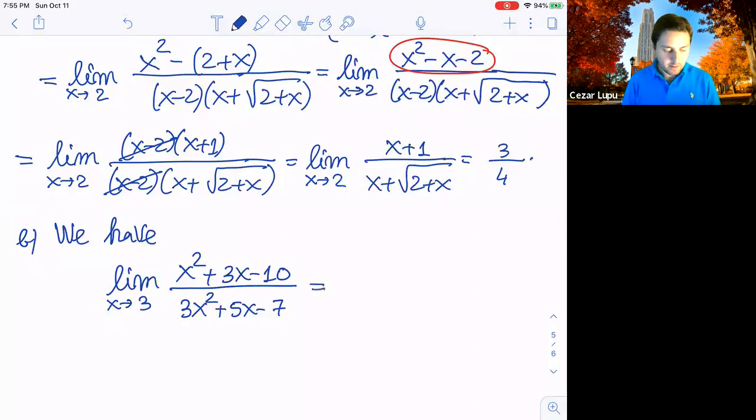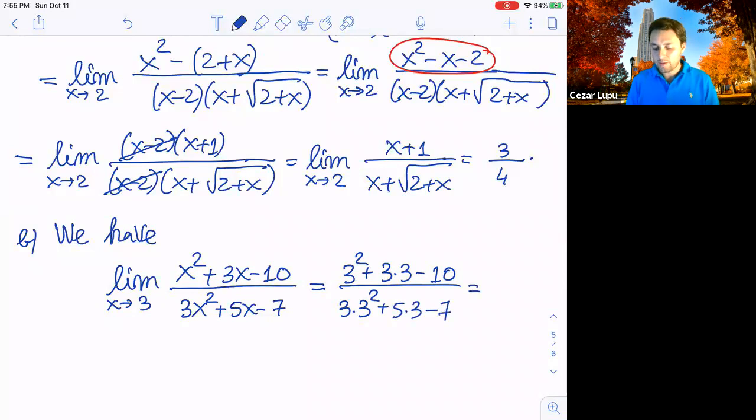So let's plug it in. If you try direct substitution, this will be 3 squared plus 3 times 3 minus 10 over 3 times 3 squared plus 5 times 3 minus 7. And guess what? This will give us 8 over 35. Okay, we're done. That's the limit. We got the finite value, so we're happy with it. So we don't need to do anything else, any fancy stuff.